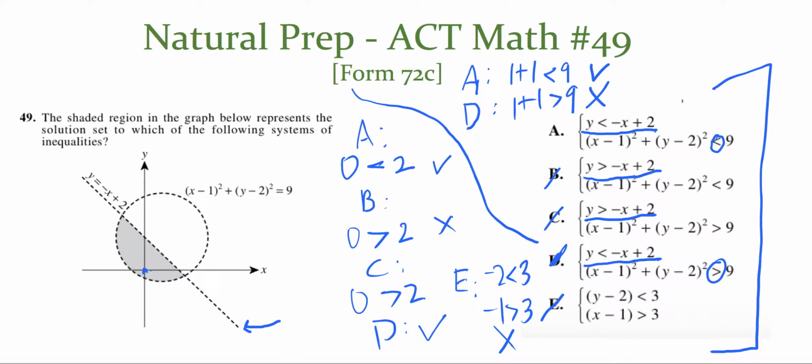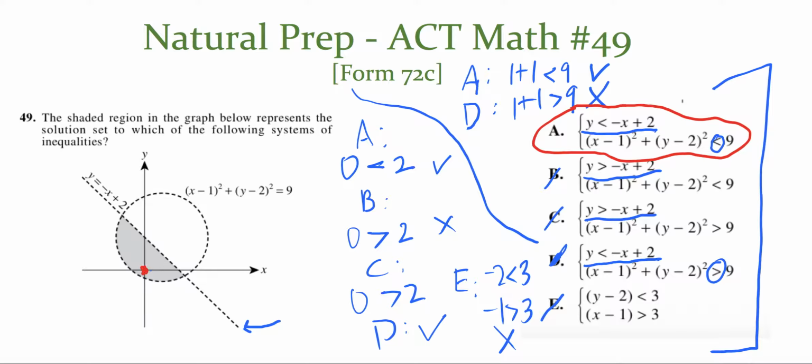And so our answer is going to be A. By just looking at these answer choices, we were able to find the answer, and plugging in 0, 0 here was the key.